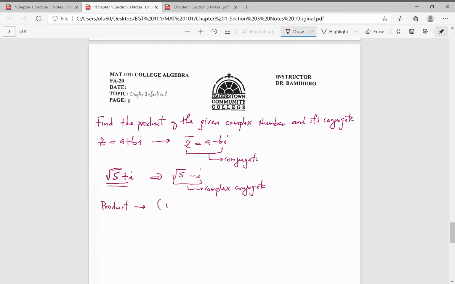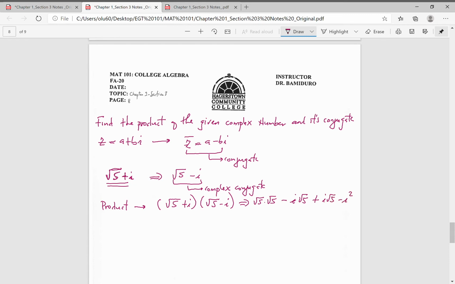it's going to be root 5 plus i times root 5 minus i. Okay? And again, we can use FOIL as we've been doing. When we do that, we're typically going to get root 5 times root 5 minus i root 5 plus i root 5 minus i squared.